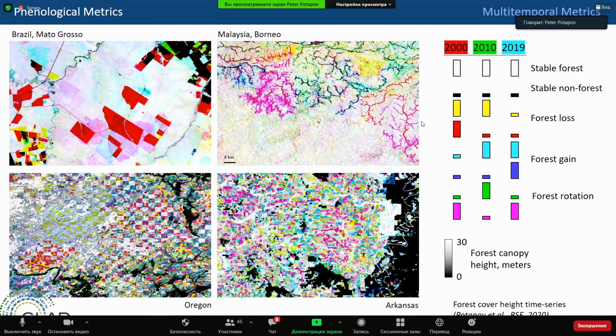The map you're looking at is from 2019, but we can reproduce it for the year 2000 or 2010, and we can get RGBs for these two time points. You can see on these composites the different types of changes in the forests. It's not just deforestation or forest regeneration, but you can also see high forest rotation, like in Arkansas or in Malaysia.